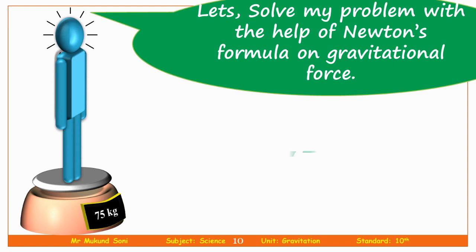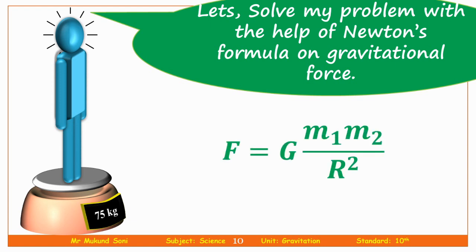Let's check what he says. F equals G m1 m2 upon r square. Oh, we know that. But now we need to see the calculation also. So don't forget to record the mass of Mahendra. Let's move to the next screen.